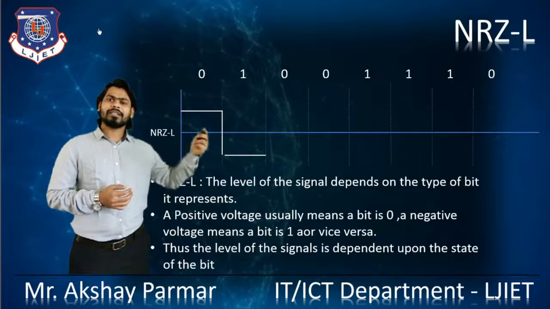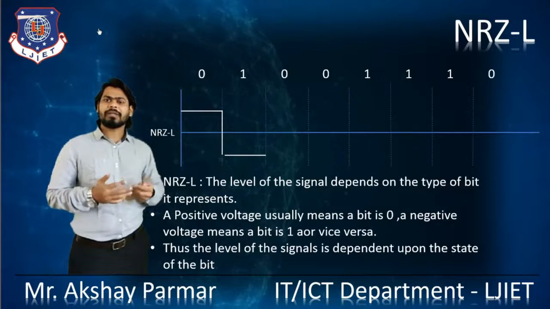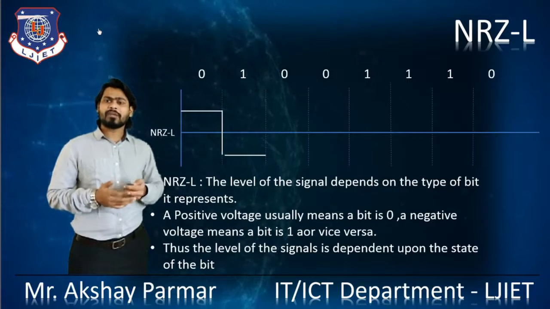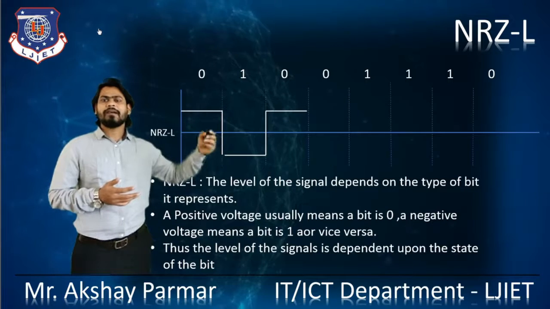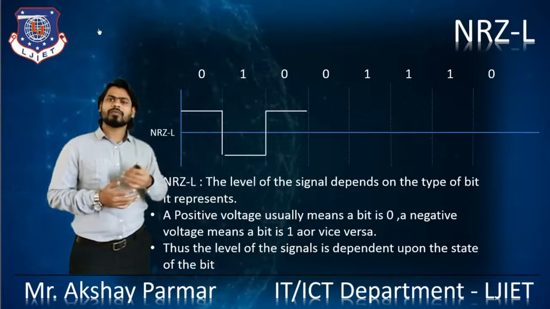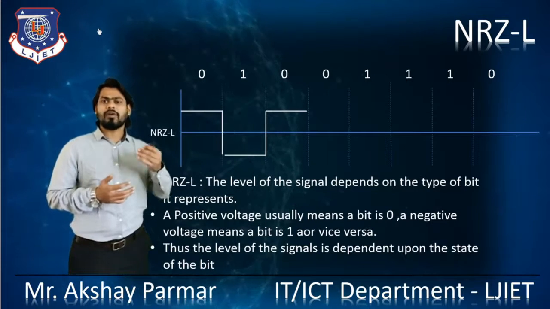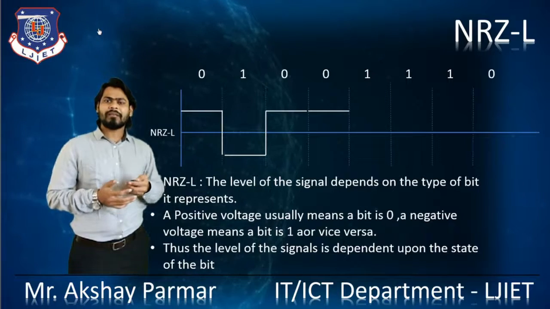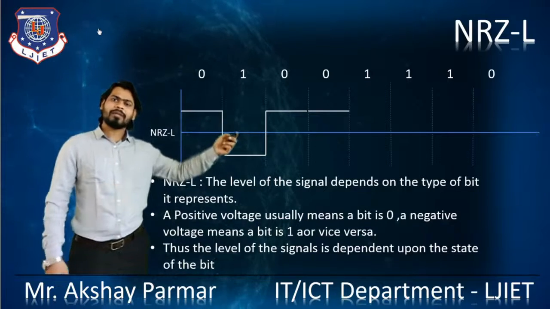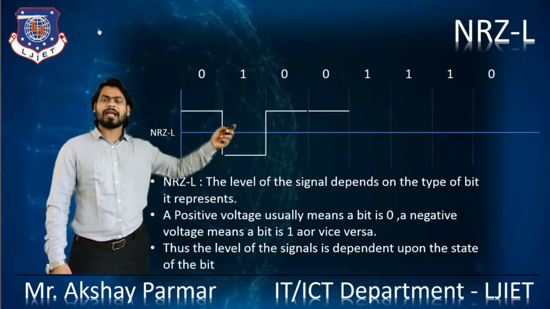After that, there is a 0, which will be represented by the positive voltage. Another 0 comes, so there is no change because it is already at the positive voltage; it will continue its path. After that there is a 1 bit, represented by the negative voltage.